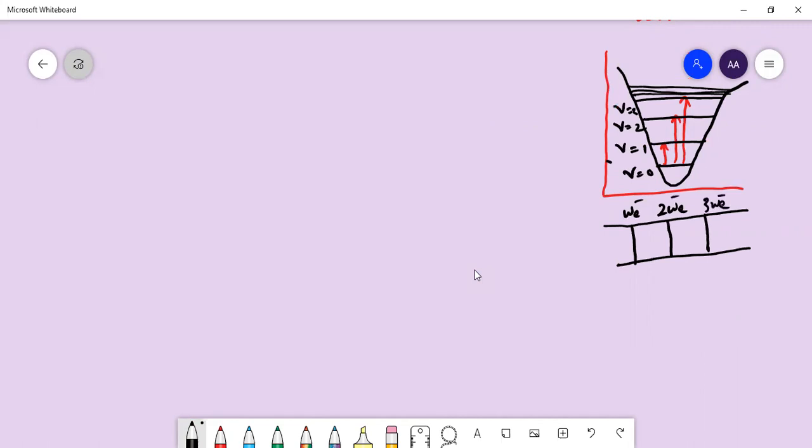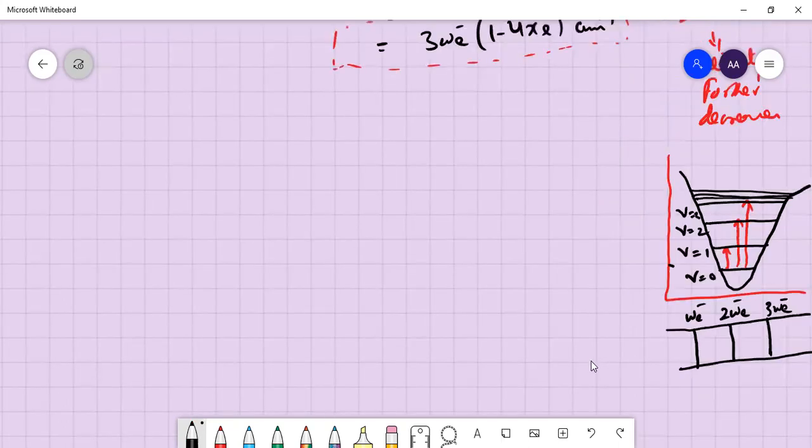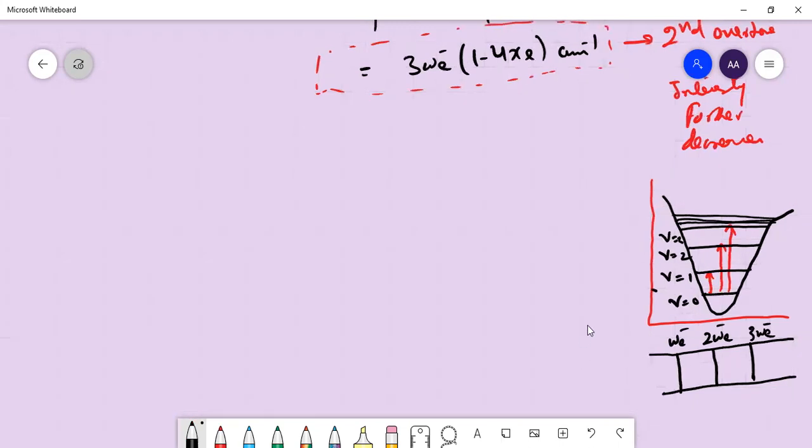So you can get different peaks in the FTIR of a real molecule, but the intensity of these peaks starts diminishing as we move from the fundamental absorption to first overtone and the second overtone. This is how the FTIR spectrum actually appears in case of real molecules.